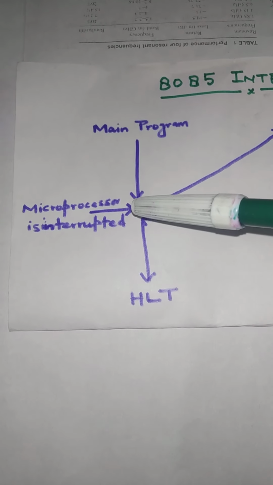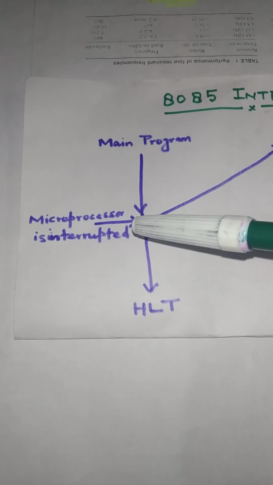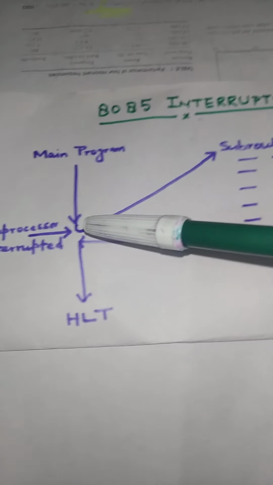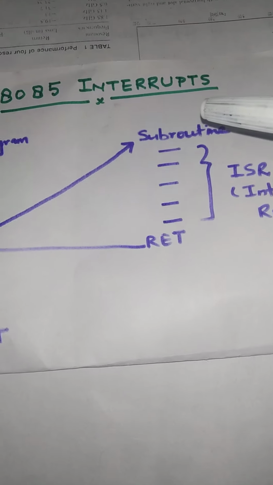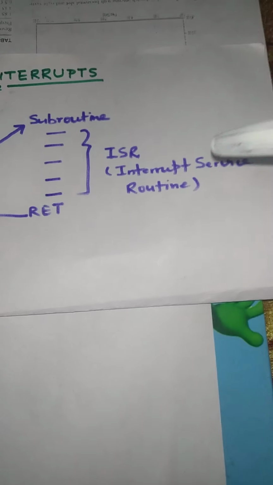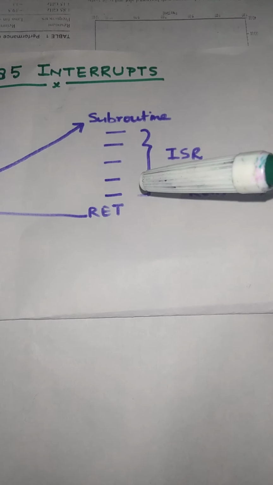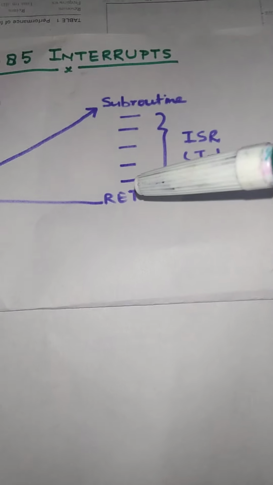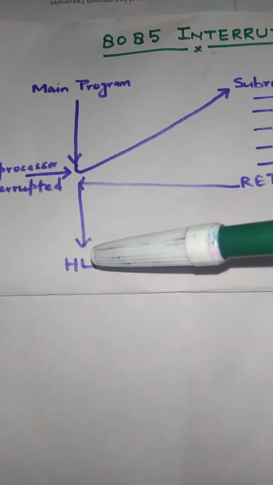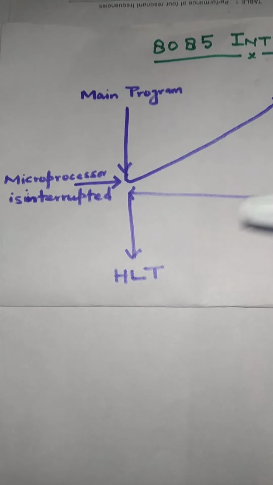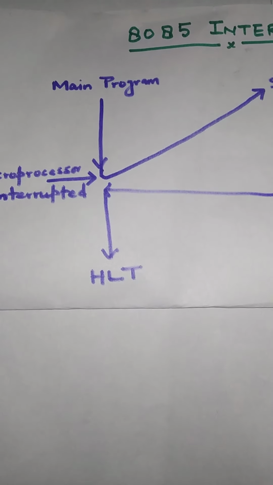It stores the address of the next instruction which is to be executed at a stack pointer, and then program control is shifted to subroutine where the alternate program is given. In the subroutine, the alternate program written is called interrupt service routine. So this ISR is being executed in the subroutine, and at the last, a return instruction is being executed to return to the main program, and then main program will be completed. So this is the process which can occur when an interrupt signal is received in the 8085 microprocessor.